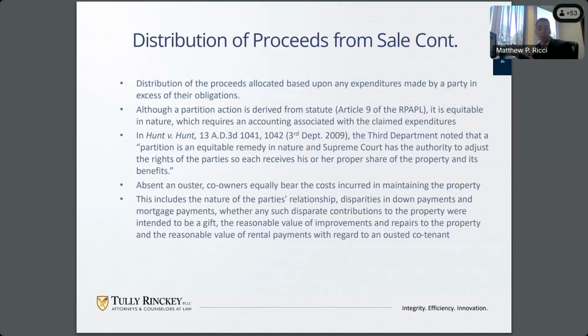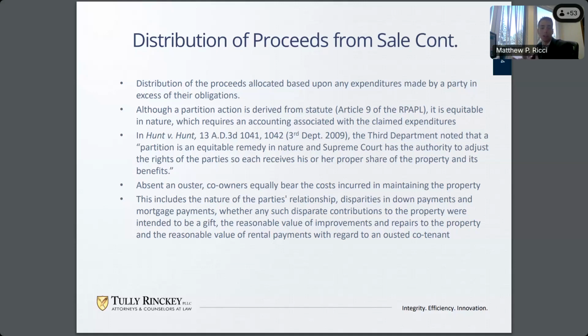Absent those types of situations, co-owners as joint tenants or tenants in common should equally bear the costs that are required and incurred in order to maintain a property. So, what does this look like in practice? Well, this includes factors such as the nature of the parties' relationship.